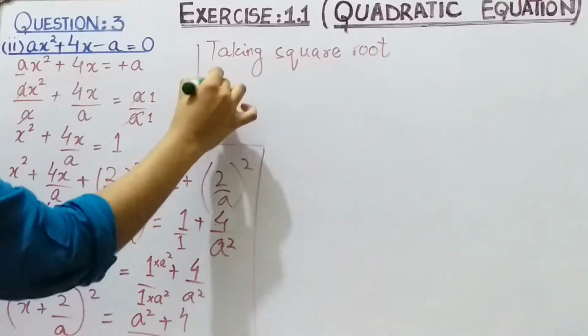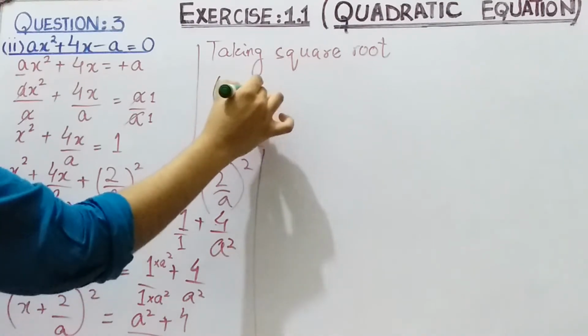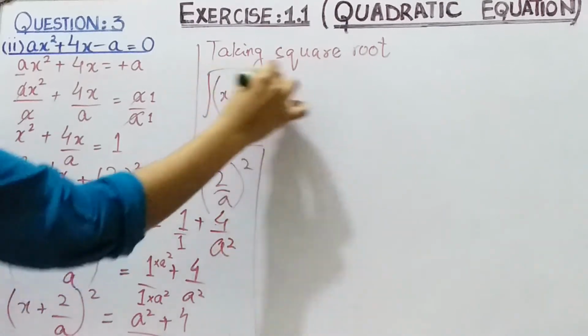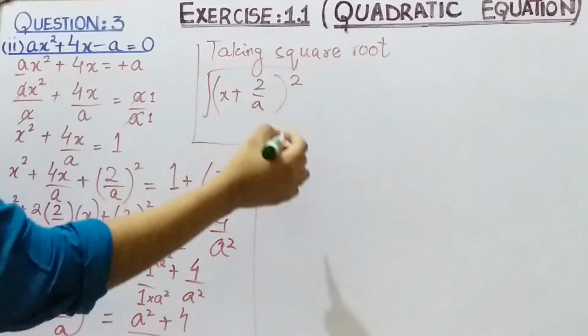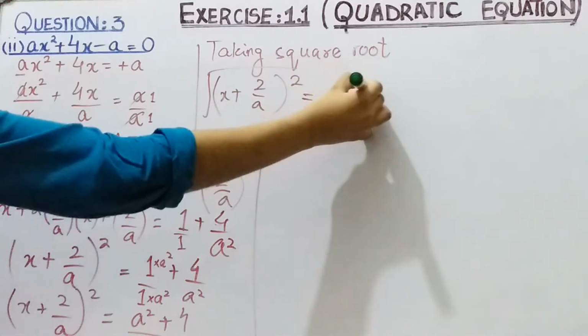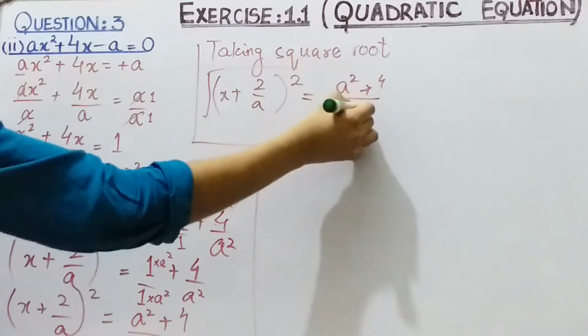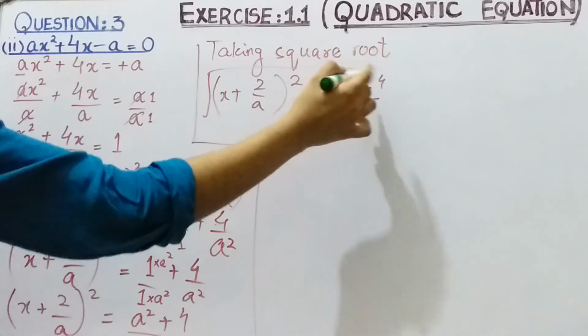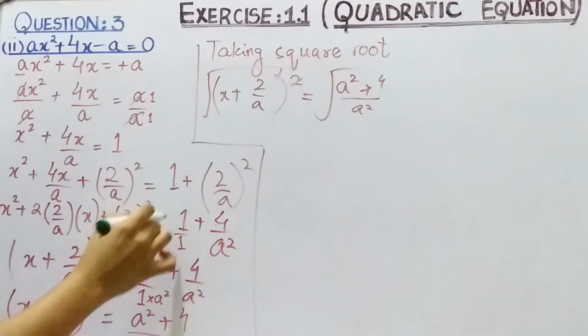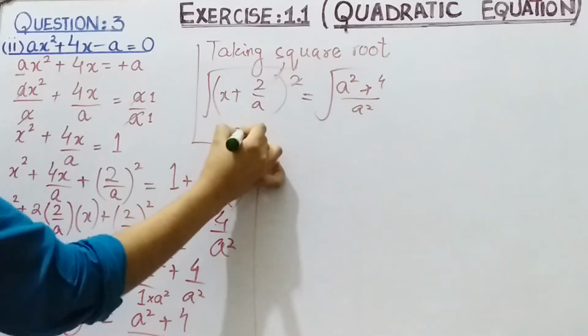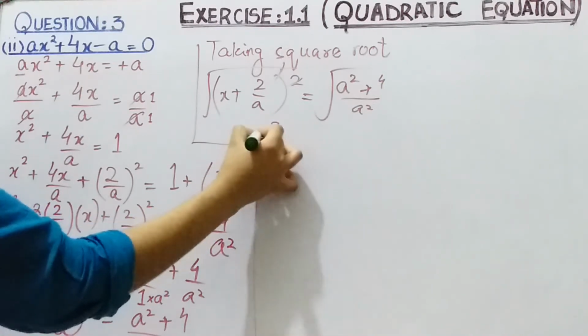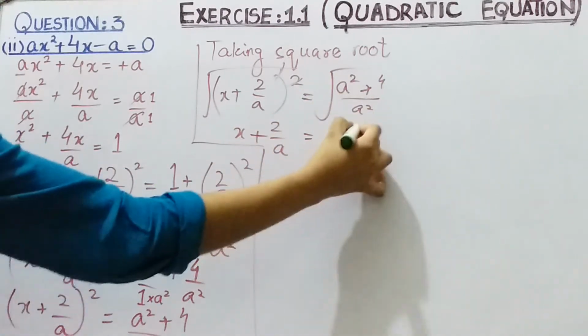Now x plus 2 by a square root, 2 was hid there, and now a square plus 4 divided by a square. Now this whole square, we can cancel with that, and now 2 by a is equal to this.